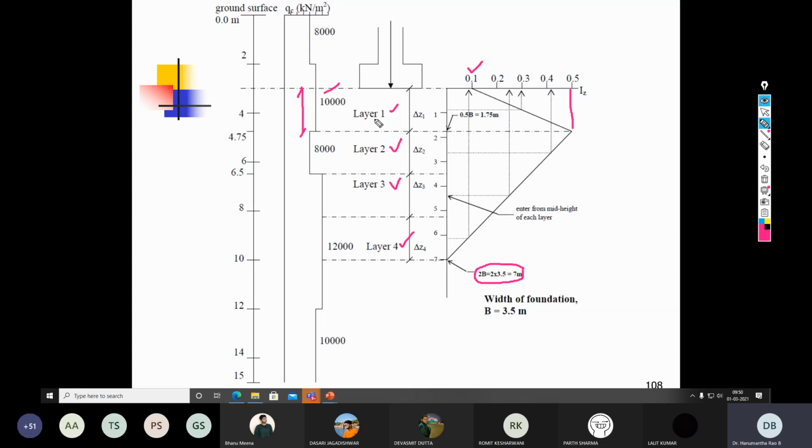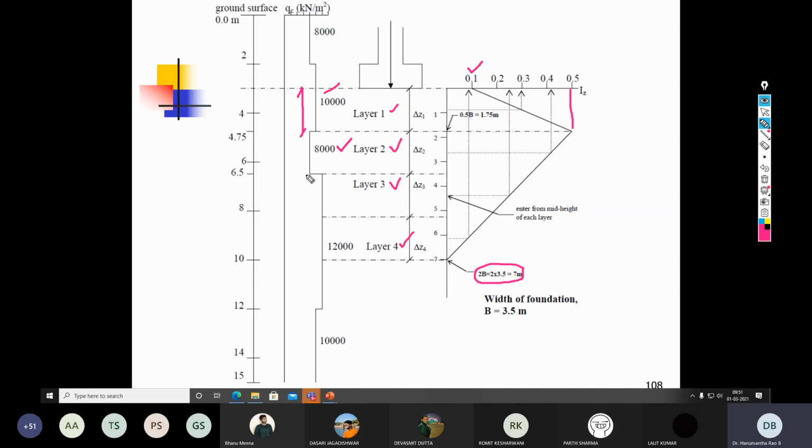Therefore I have considered this whole thing as layer 1, designated as delta Z1. Thereafter, from 4.75 meter up to 6.5 meter, there was variation in the value of QC, which decreased from 10,000 kilopascals to 8,000 kilopascals. So I have considered 4.75 to 6.5 meter as layer number 2.